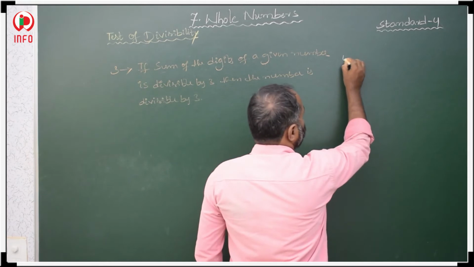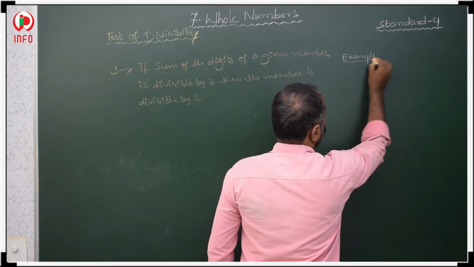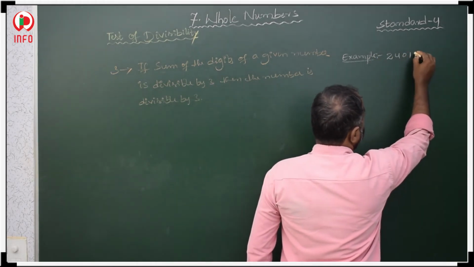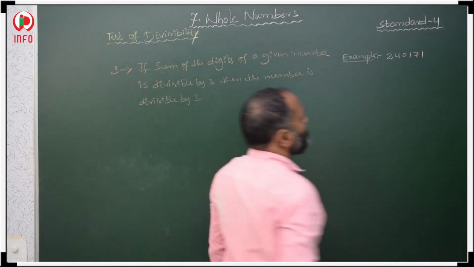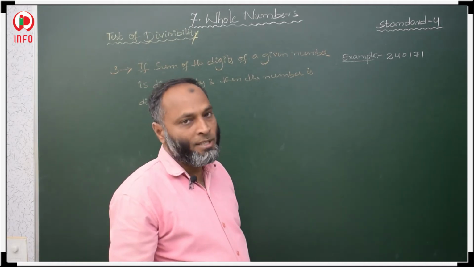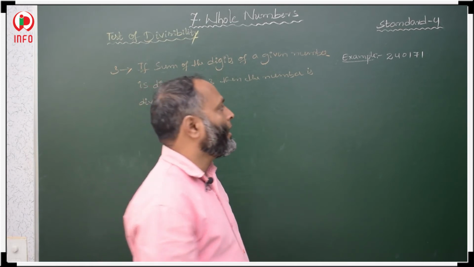For example, see here. This is a given number, 24,171. Is this number divisible by 3 or not? How do we check?